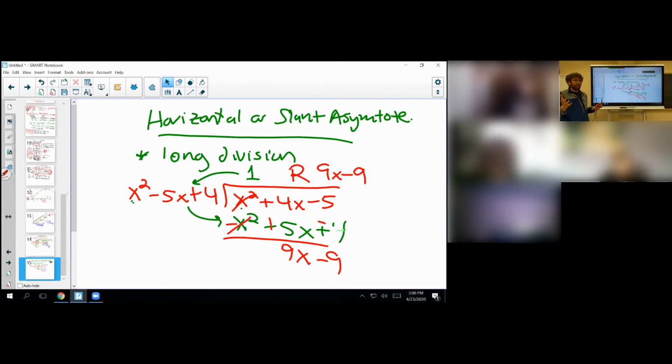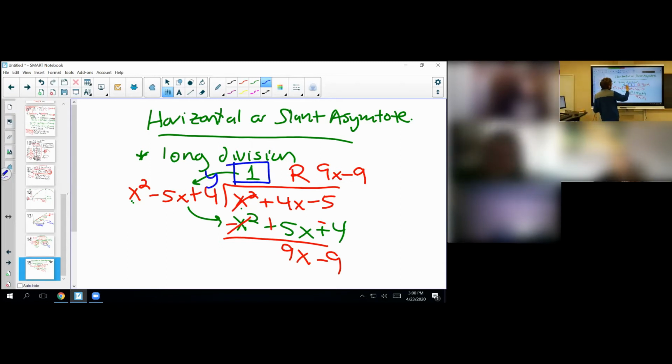So basically your horizontal or slant asymptote is right here. That's your answer. You don't even care about the remainder so much. y equals 1, in this case, is a horizontal asymptote. And it's horizontal because y equals 1 is just a horizontal line. And you can actually see that in Desmos.